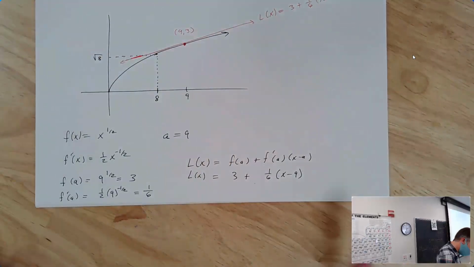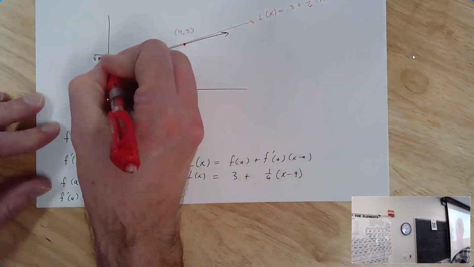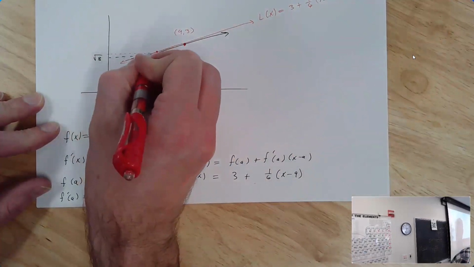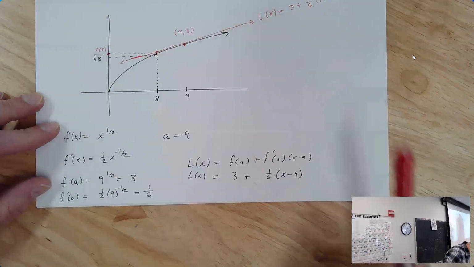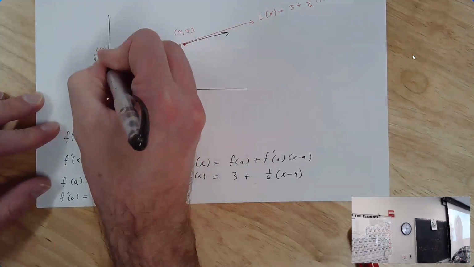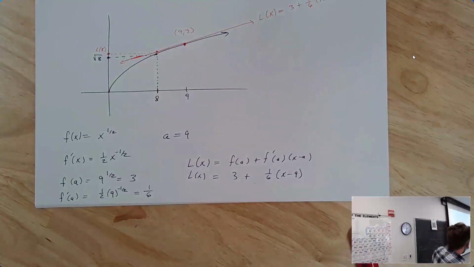And if you go up just a tiny bit higher, there's the linearization evaluated at 8. See how close those are? Pretty close. You see what a good approximation the linearization is for the square root of 8?